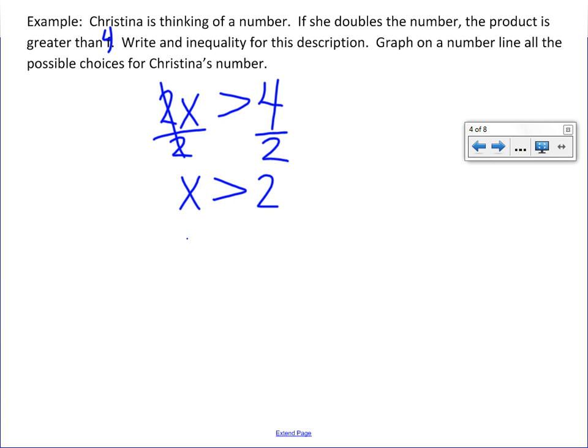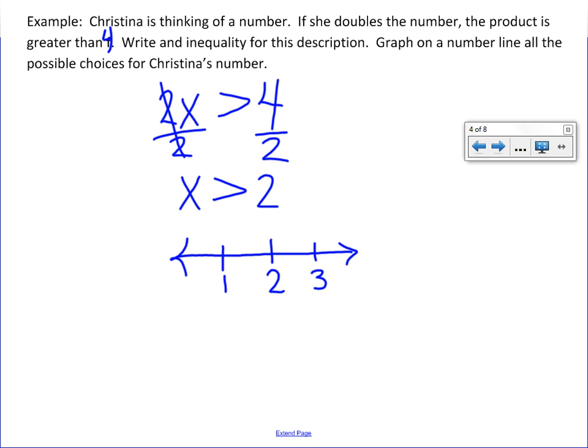So this is what I want to graph on my number line. Whenever you do this, make sure that you just include the number that you're talking about, okay? So it doesn't have to be one big huge number line. Show me 3 numbers, the number you're talking about, and a number on each side of it. So the number I'm talking about is 2.